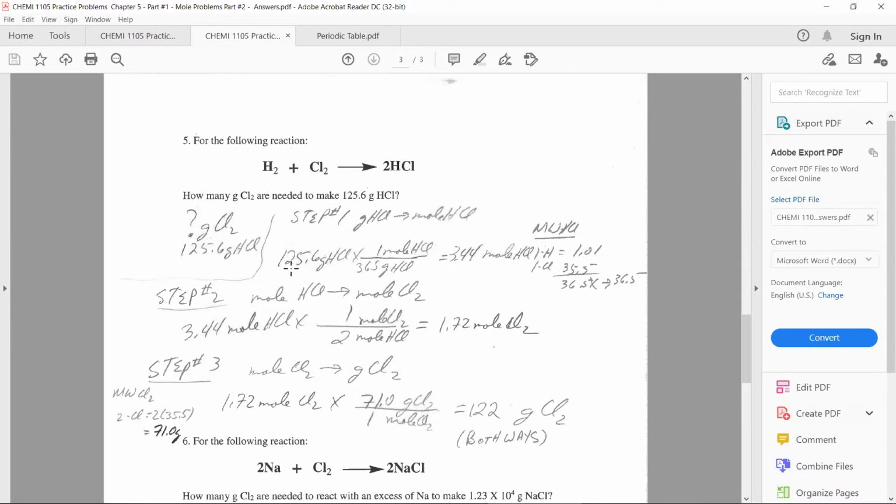That's the only thing I have to work with in terms of numbers, 125.6 grams of HCl. And I'm trying to get the moles of HCl. Multiply this times the ratio. Moles of HCl go on top, grams go underneath. Where do I get a relationship between moles of a compound, HCl, and grams of a compound, HCl?